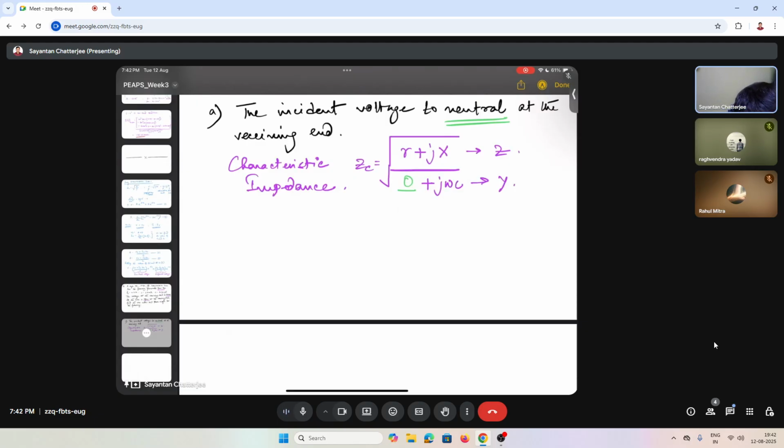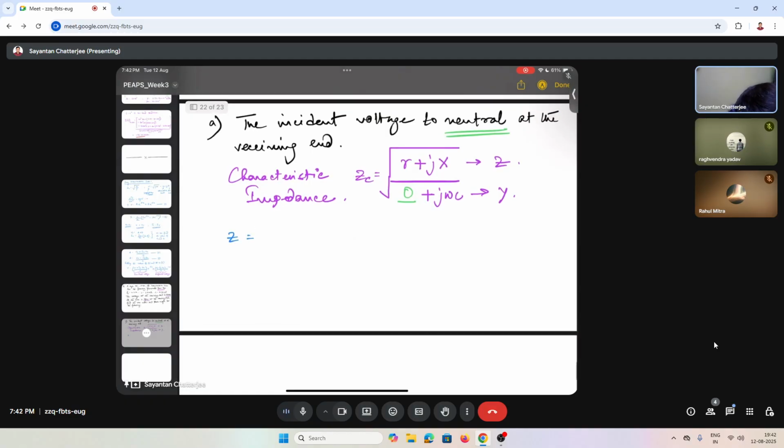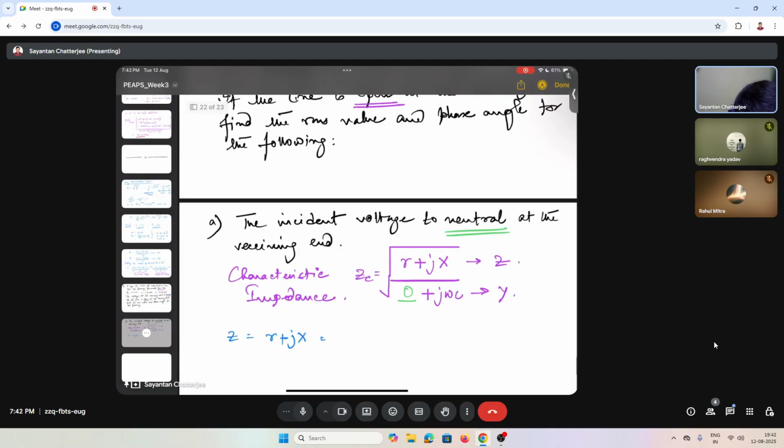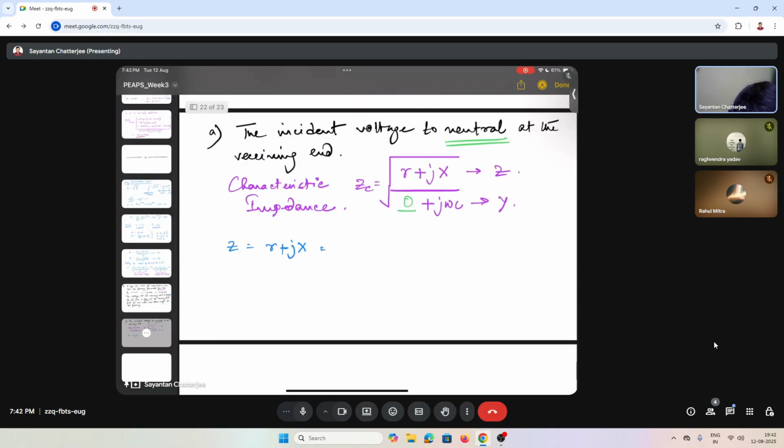For characteristic impedance, Z is given as R plus jX, the series impedance per unit length.